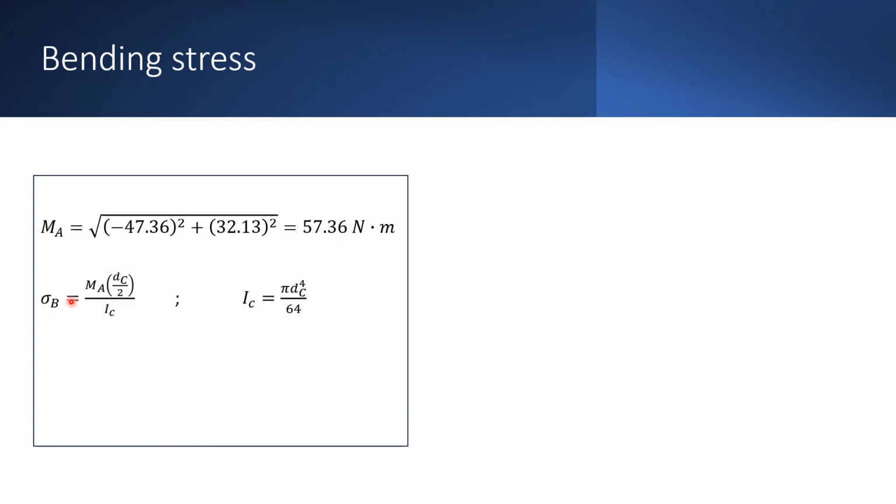The bending stress at the point of maximum bending, point A, can be computed as follows. Sigma B is equal to MA multiplied by RC, or here is DC over 2, over IC. IC is pi DC to the power of 4 over 64.